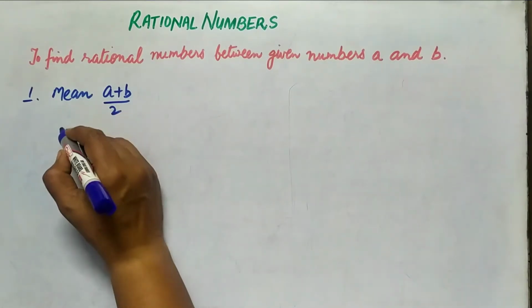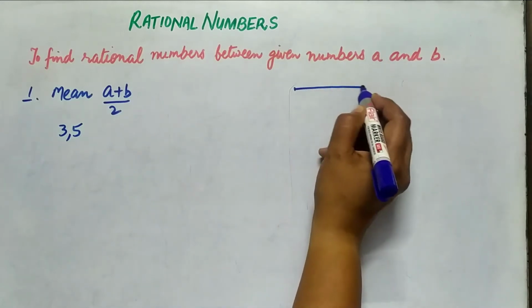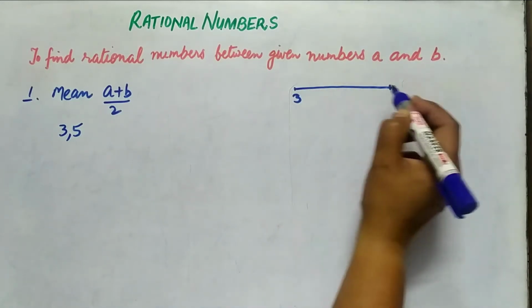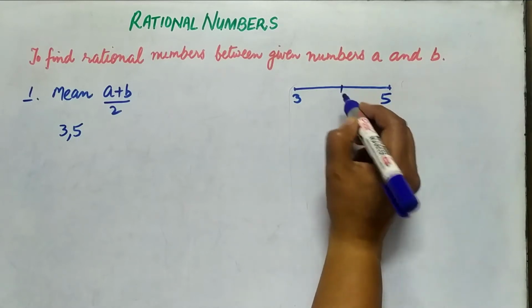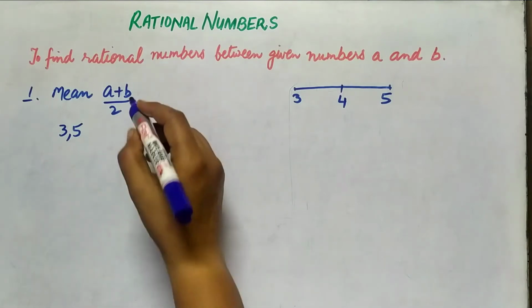Let us take the numbers 3 and 5. We know between 3 and 5 lies 4. The same thing we do with formula. How?